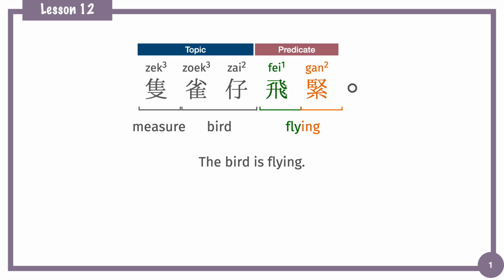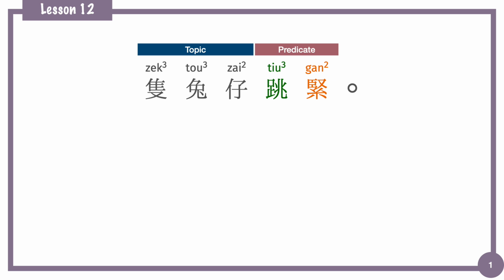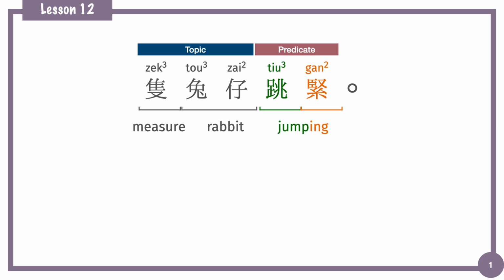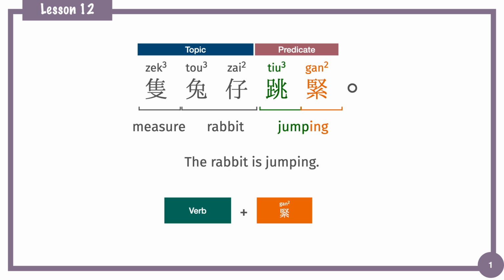Let's see one more example. 隻兔仔跳緊. 隻兔仔 means the rabbit, 跳 means to jump, 跳緊 means jumping. 隻兔仔跳緊, the rabbit is jumping. Putting the aspect marker directly after verbs with one syllable is how we form the ongoing progress.